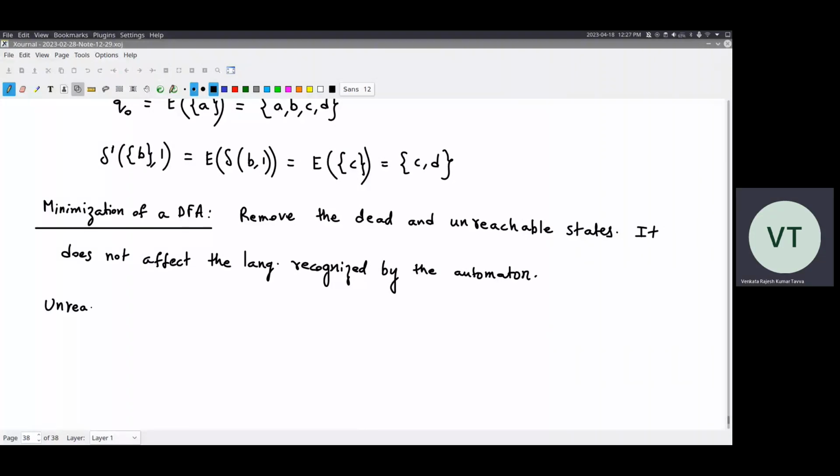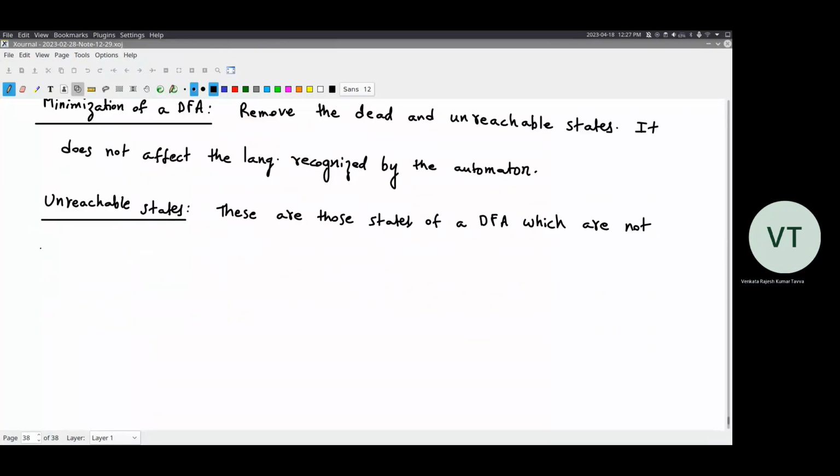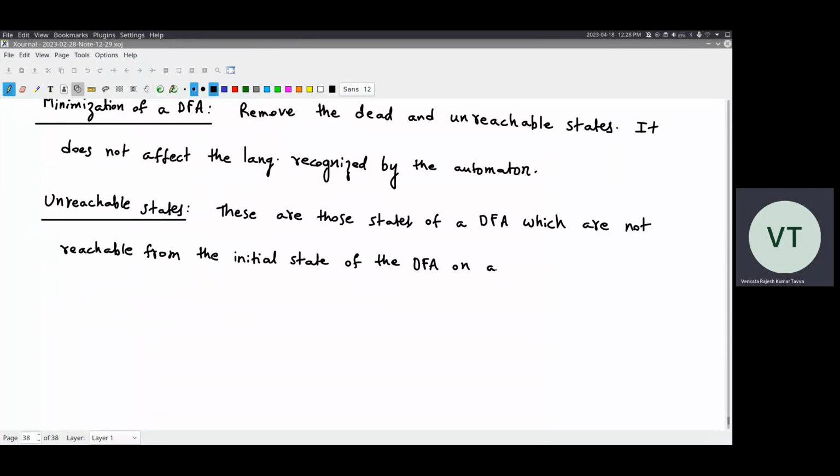So what are unreachable states? These are those states of a DFA which are not reachable from the initial state of the DFA on any input symbol.